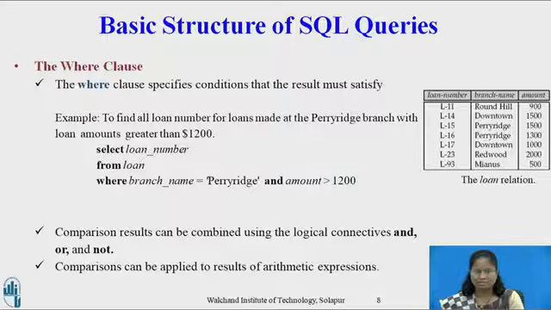Comparison results can be combined using the logical connectives and, or and not. The operands of the logical connectives can be expressions involving the comparison operators less than, less than or equal to, greater than, greater than or equal to, and not equal to.